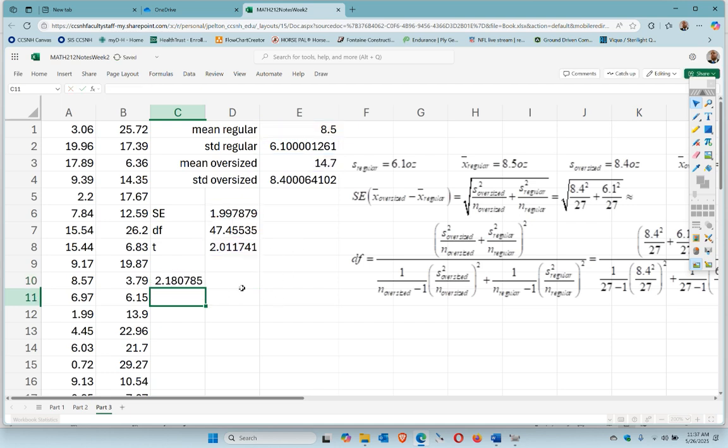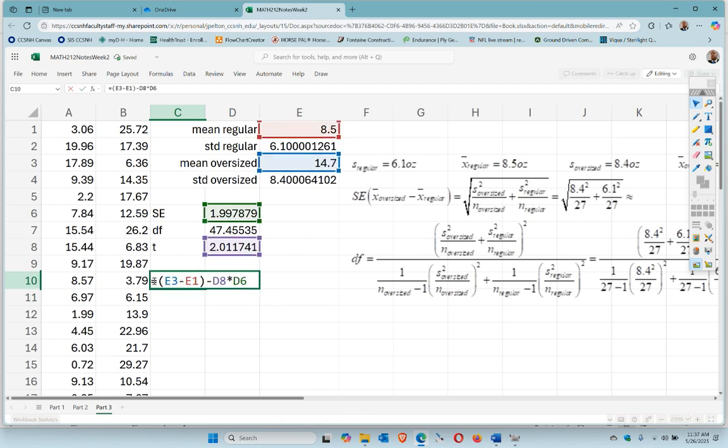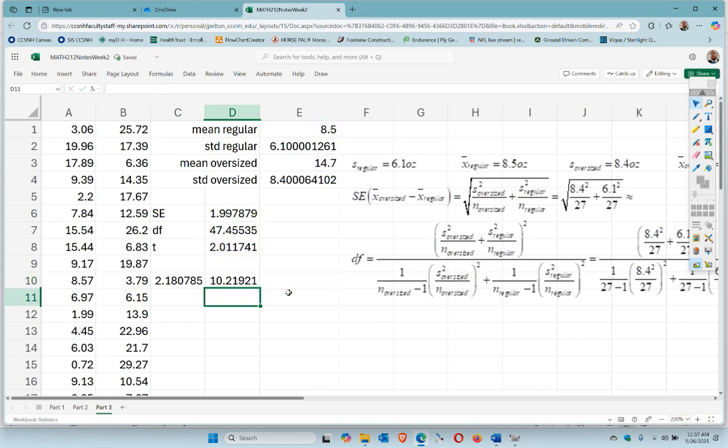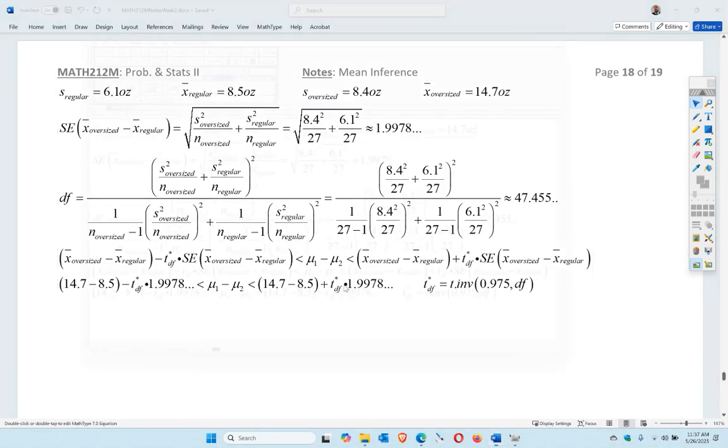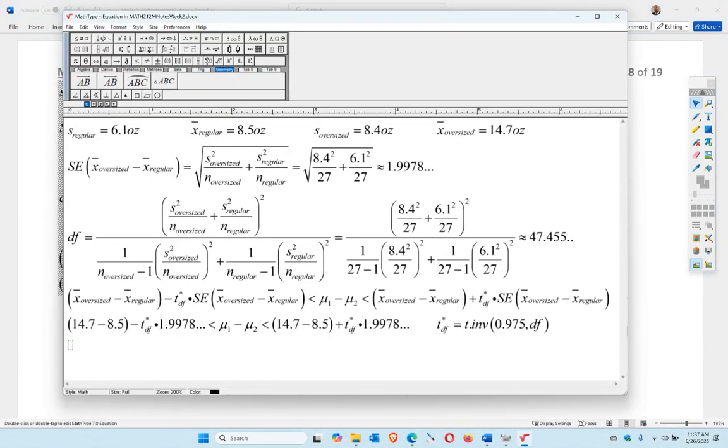Then I can copy that and paste that, make that a plus, and we get our two numbers, basically. All right, so 2.18, 10.21-ish. So essentially, 2.113 dot dot dot, copy this. Oh, I shouldn't have, that's wrong. We'll fix that.